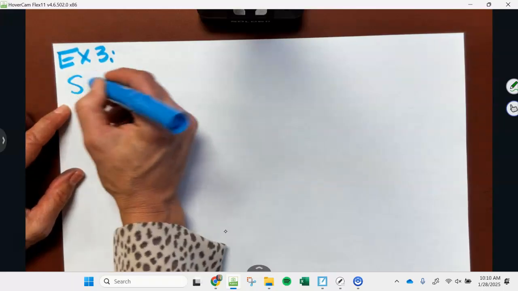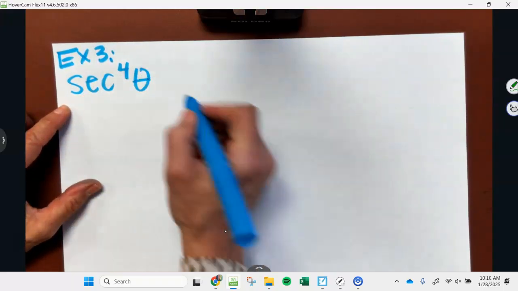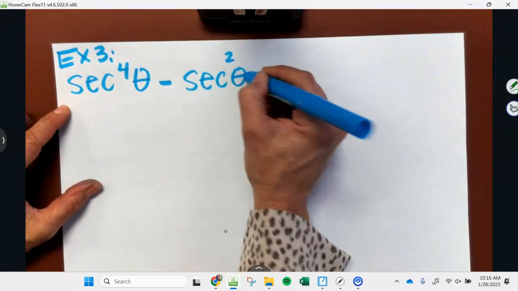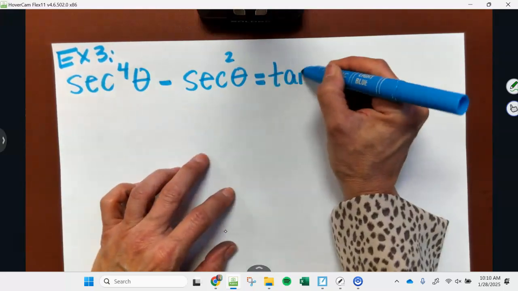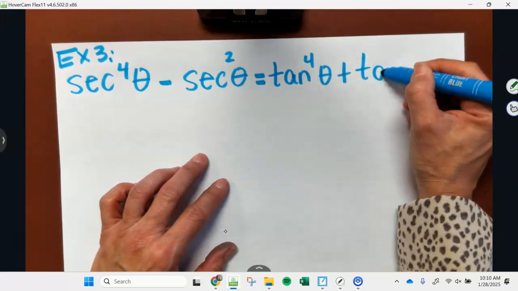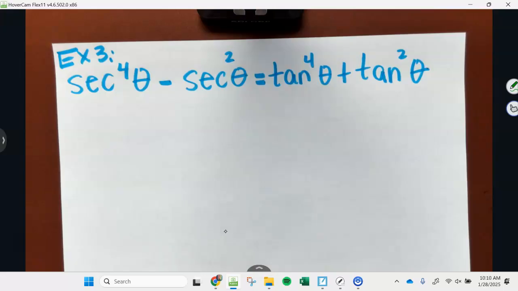This is going to be secant to the 4th power of theta minus secant squared theta equals tan to the 4th power theta plus tan squared theta. All right guys, if you notice, they're pretty much balanced in terms of simplicity.